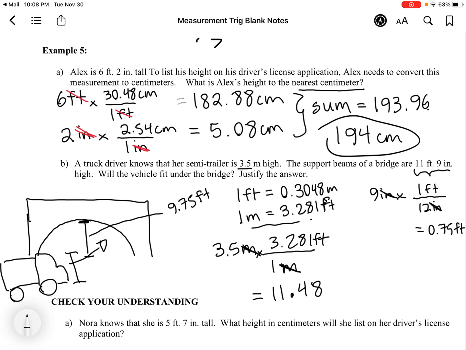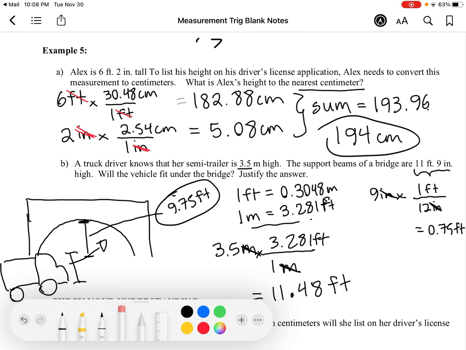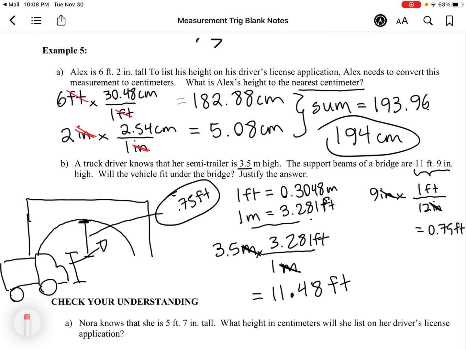Oh, wait, I messed up. This is 11.48 feet. I just realized here that shouldn't be a 9. It's 11 feet 9 inches. So that is actually 11.75 feet. Okay, so this truck is 11.48 feet, and the bridge is 11.75 feet.